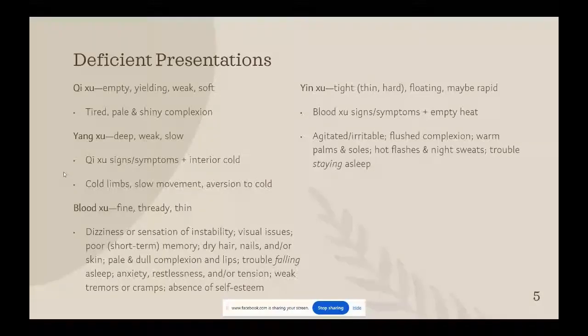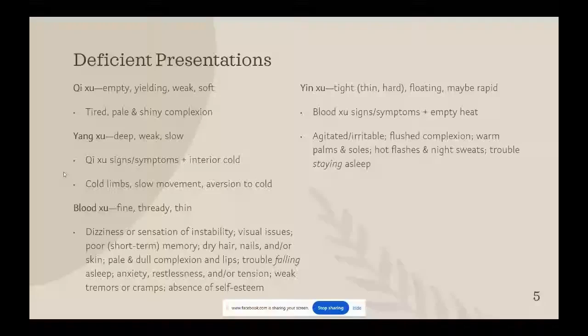You can't always predict things that way, but in general, yang deficiency is going to result in that, whereas yin deficiency will be more of a thin body. And yin and yang deficiency are both more common in older people as you age. It's just natural that our energy and our substances deplete, and so to some degree it's natural, or it might be constitutional, or it may be from chronic illness.